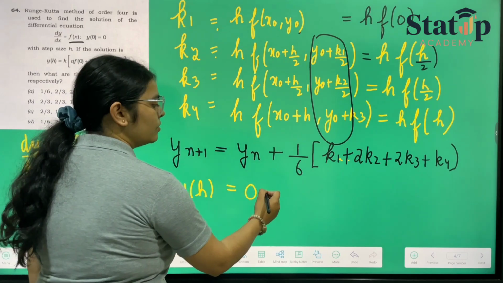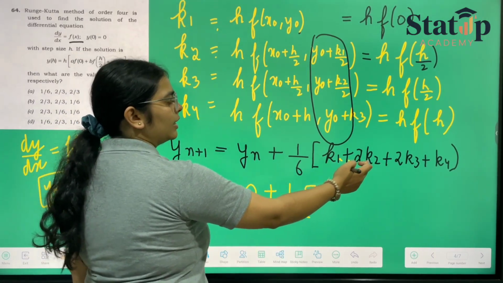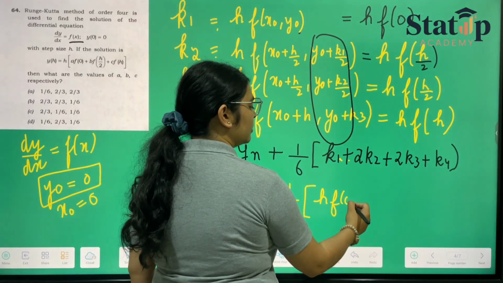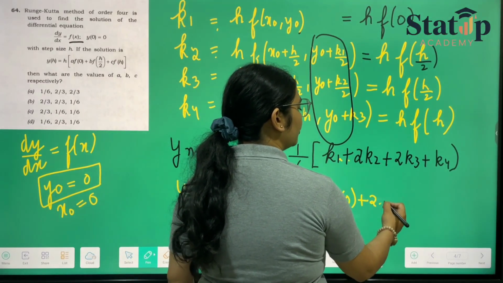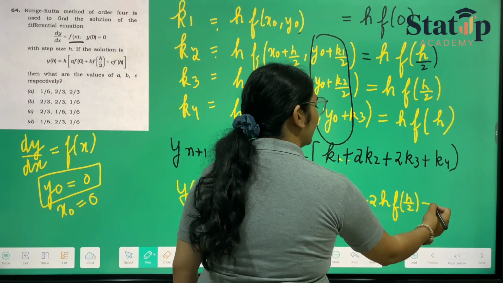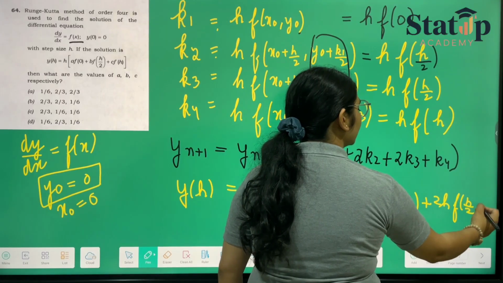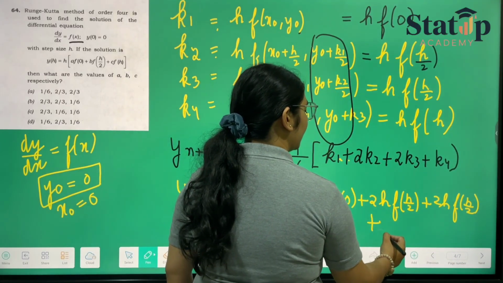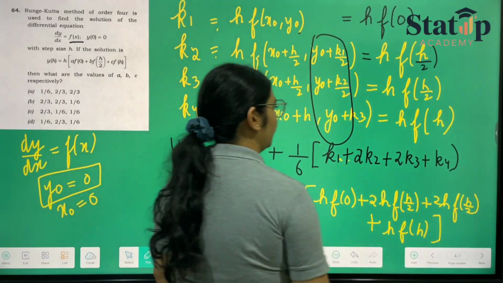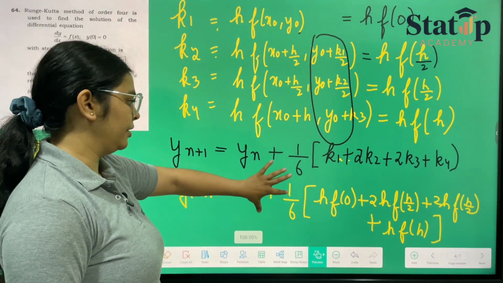So it will be 0 plus 1 by 6. Now we will be putting the values of k1, k2, k3 and k4 from here: k1 is h f(0), plus 2h f(h/2) plus 2h f(h/2), which is k3, plus h f(h), which is k4. I have put the values directly from here.